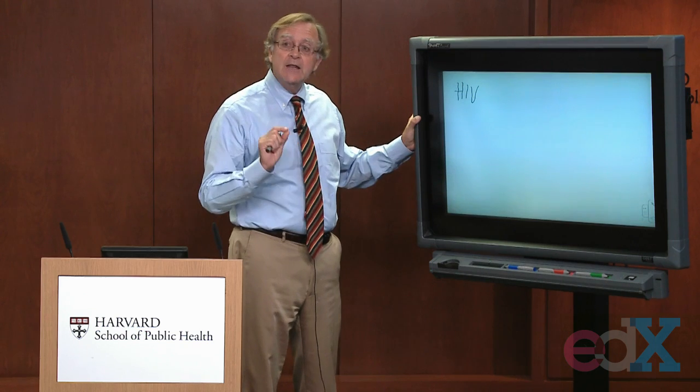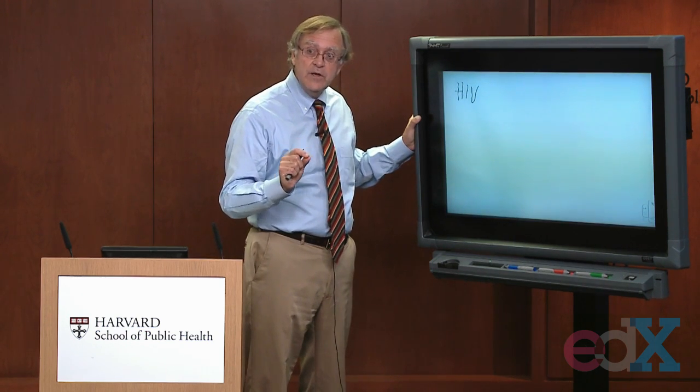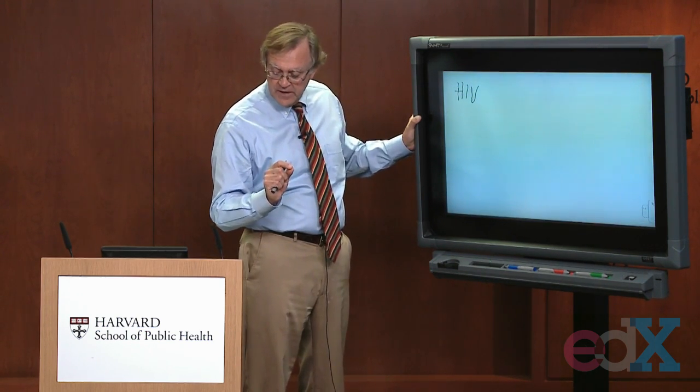So they started with a cohort of HIV patients, which had been put together from the various clinics that were available in Denmark, and this is, remember, a complete set of these patients. And they wanted to look at the occurrence of new cases of diabetes in that population.